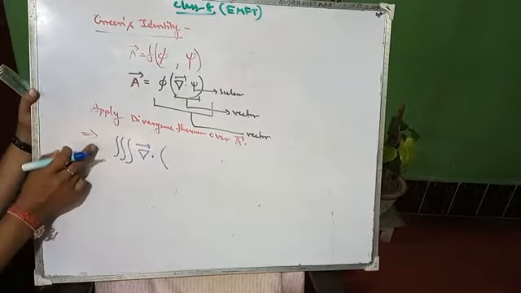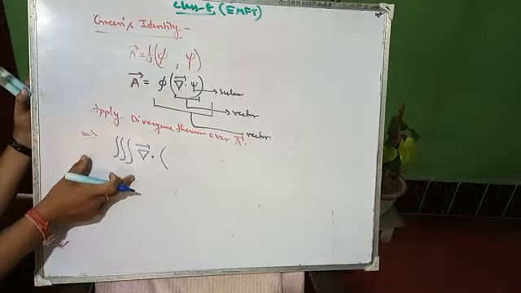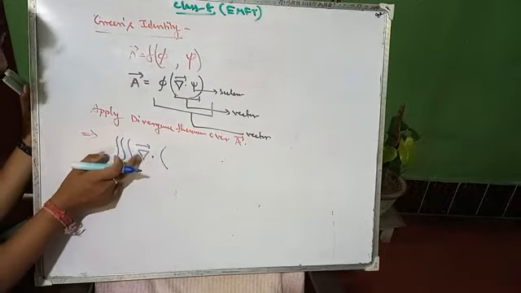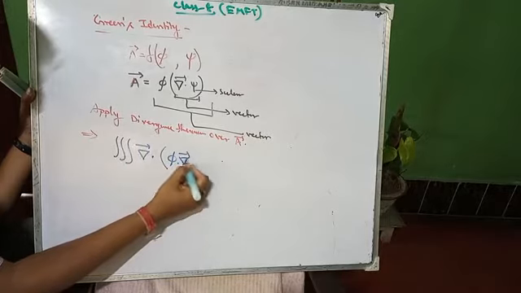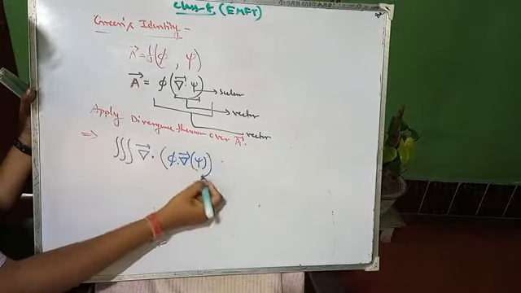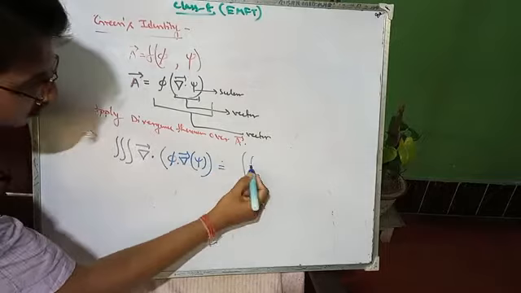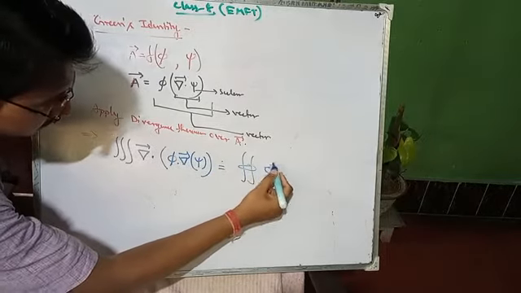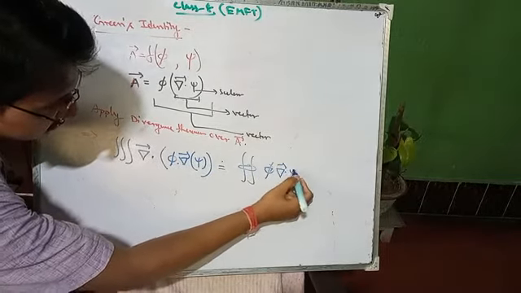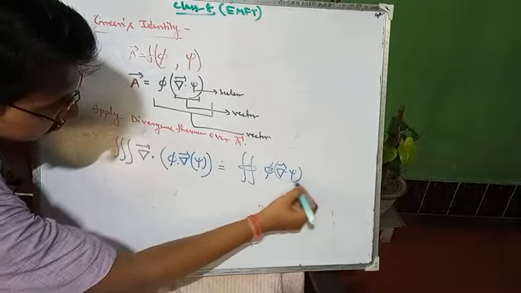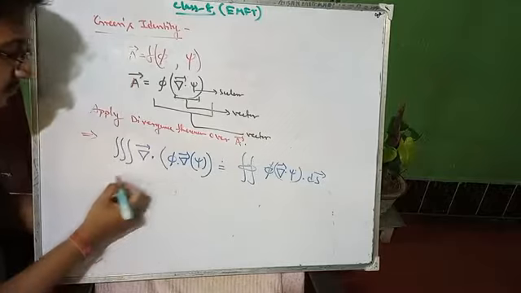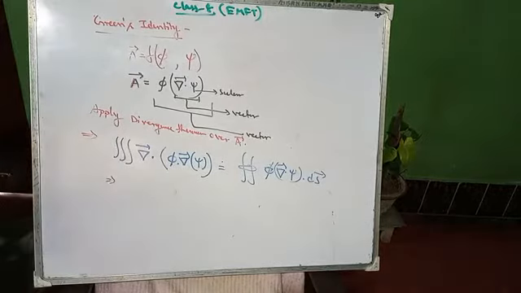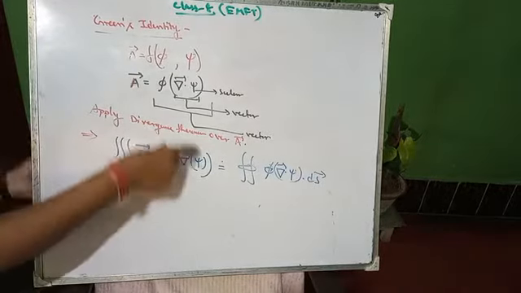We are taking the right hand side here, so no problem. The volume integral of the divergence of this vector, phi grad psi, equals the closed surface integral of phi grad psi dot ds vector. This is the expression. We just put the value of this vector A over here.